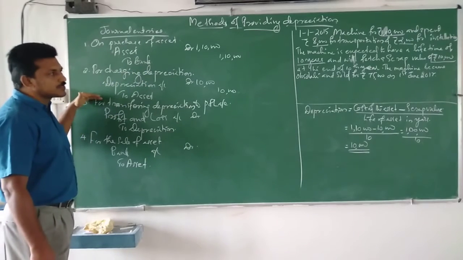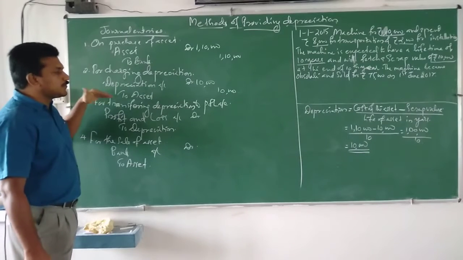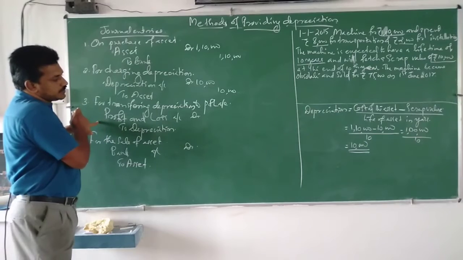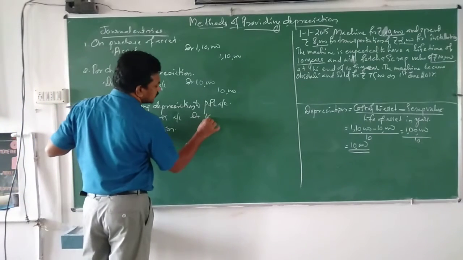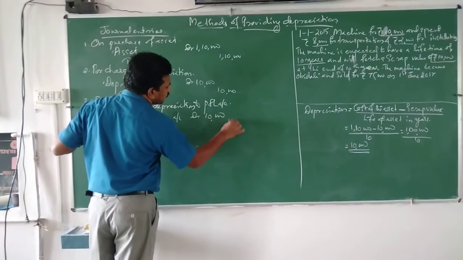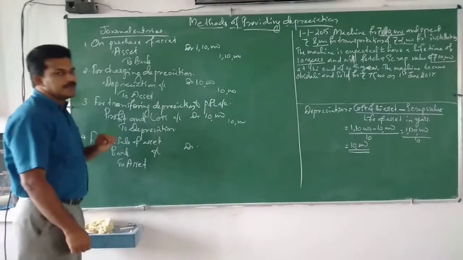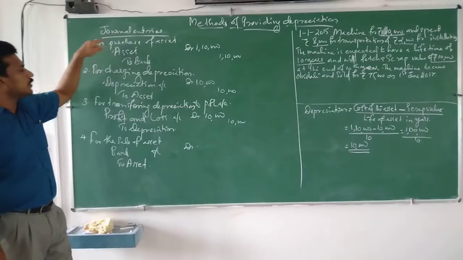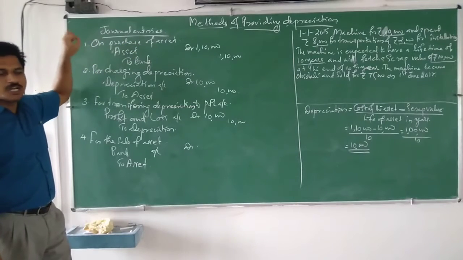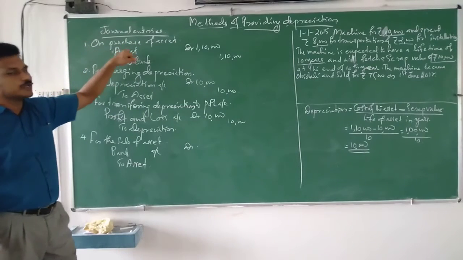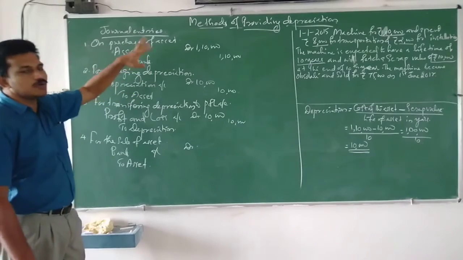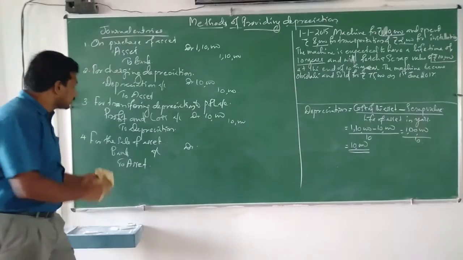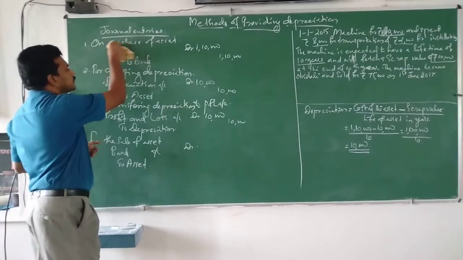Then this depreciation should be transferred to profit and loss account. So once again, in the first year, that means on 1/1/2015, the first journal entry will be written: asset account to bank. That means machine account to bank. Here instead of asset we can write machine.